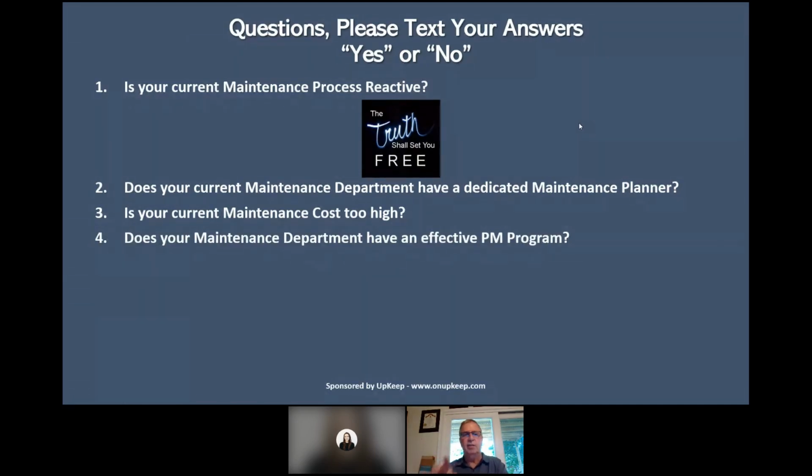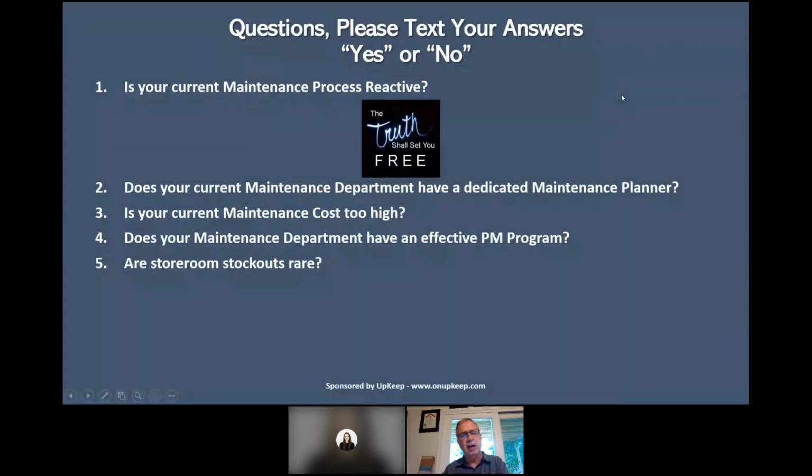When I mean effective, you've got high PM compliance, but you still have a lot of emergency work or urgent work? Yes or no? Okay. That makes sense.